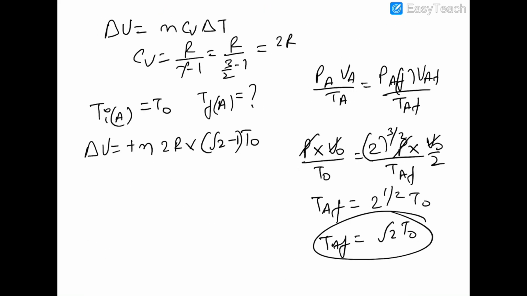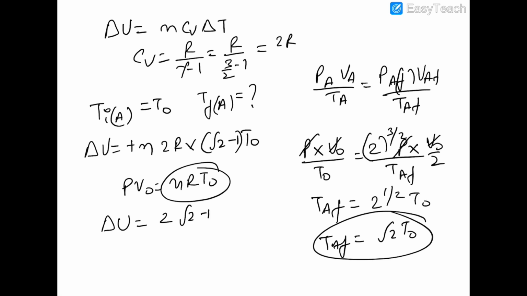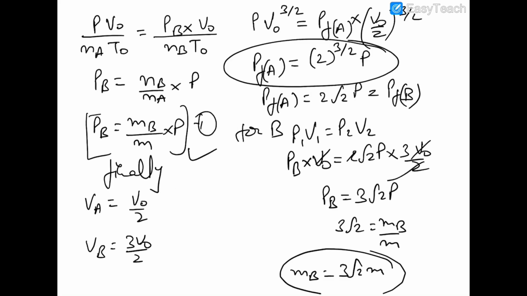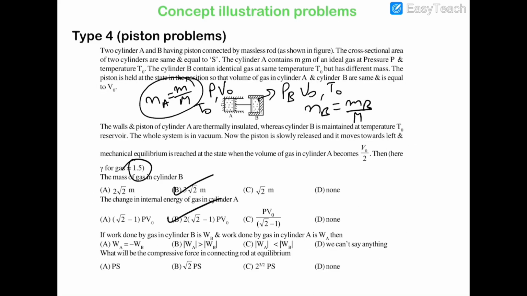So P naught V naught is equal to nRT naught, so delta U will be equal to 2 into root 2 minus 1 into P naught V naught. So delta U will be option number B.